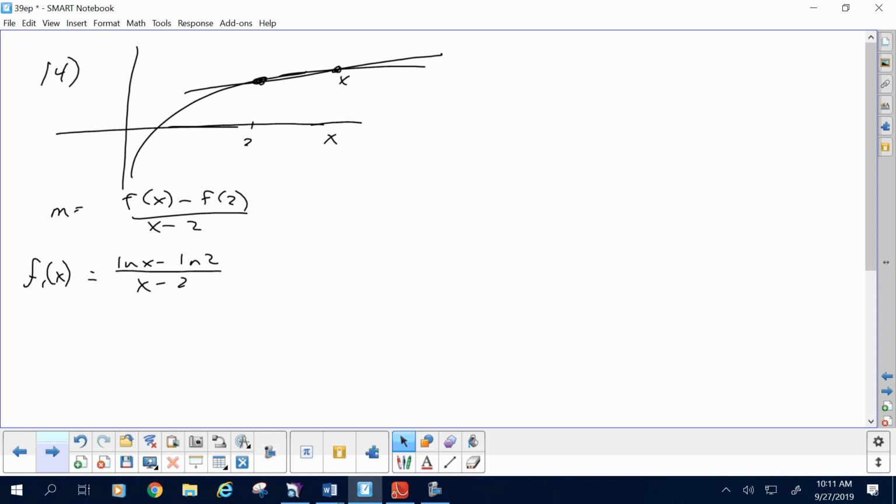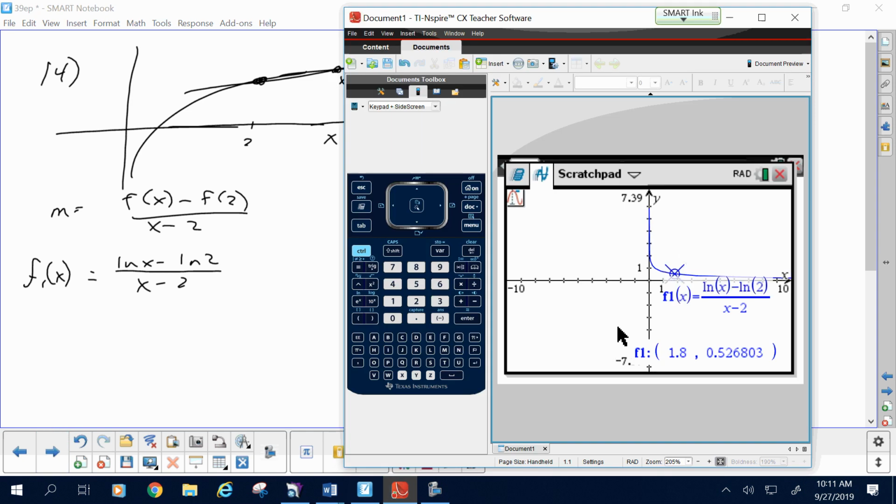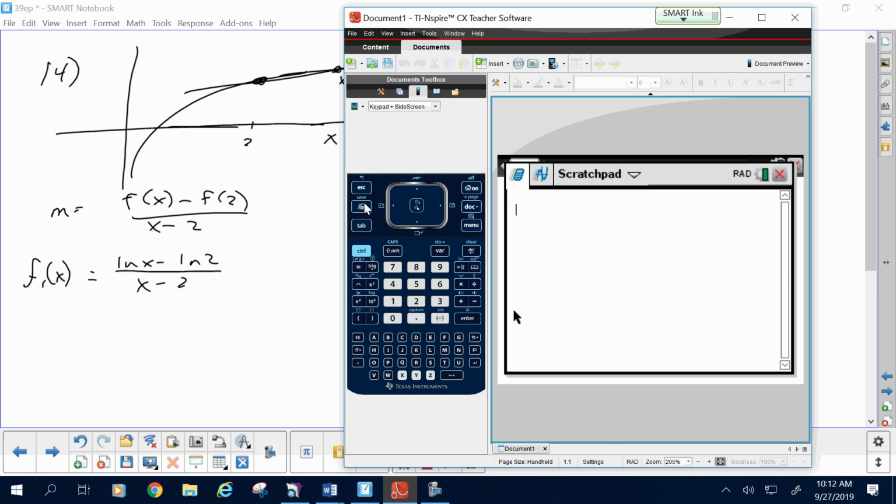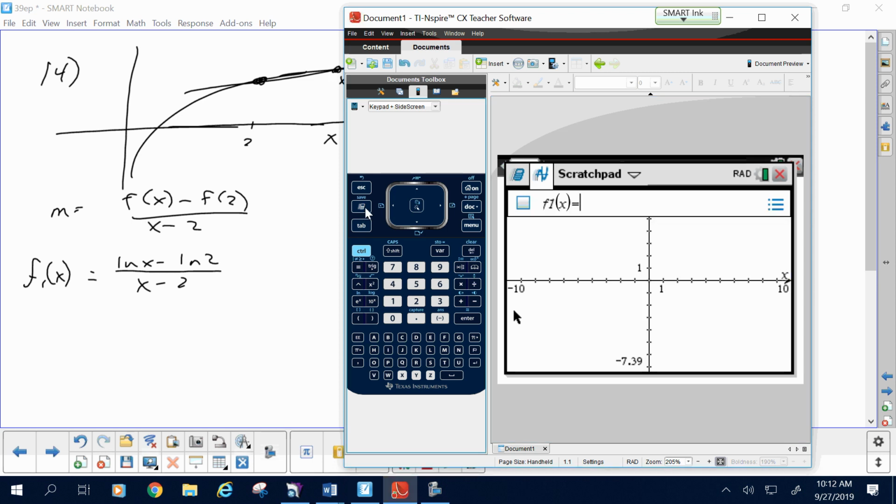So would you get out your calculator? Put natural log of x minus natural log of 2 over x minus 2 in your calculator. Make sure you use parentheses well to enclose the entire numerator and the entire denominator.